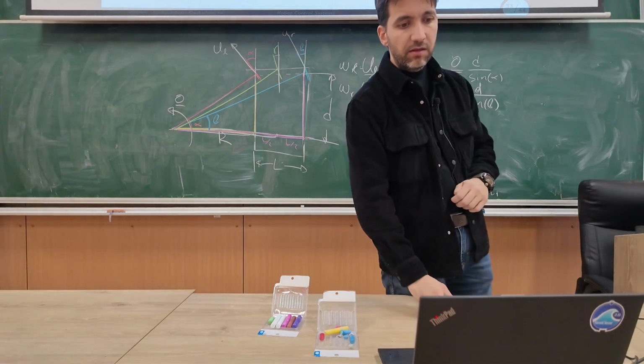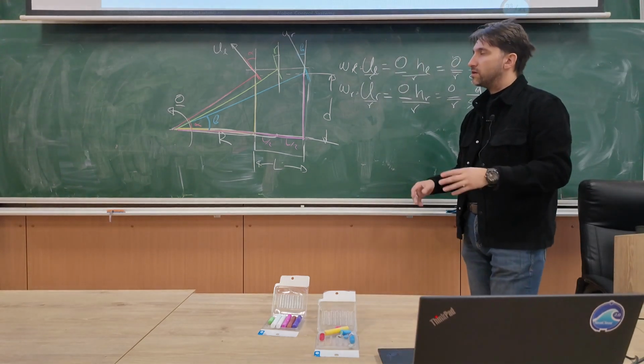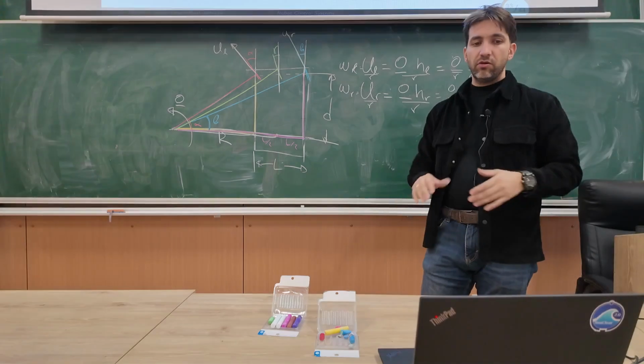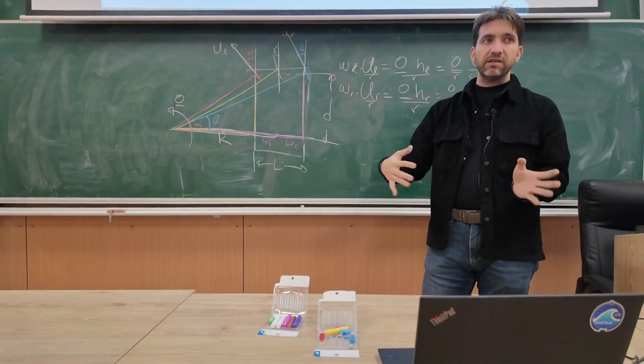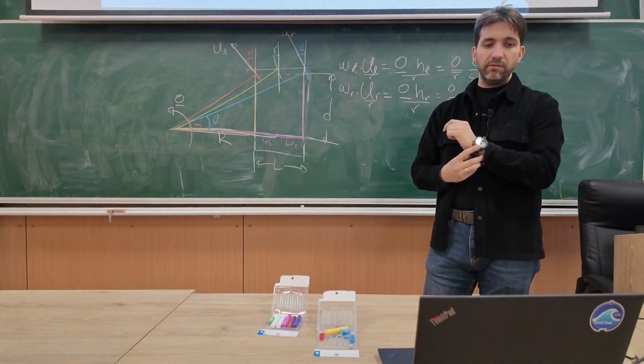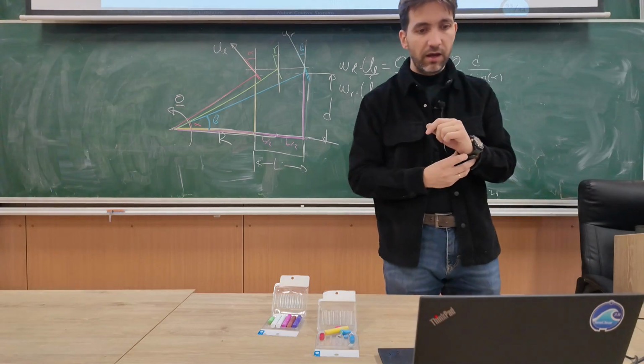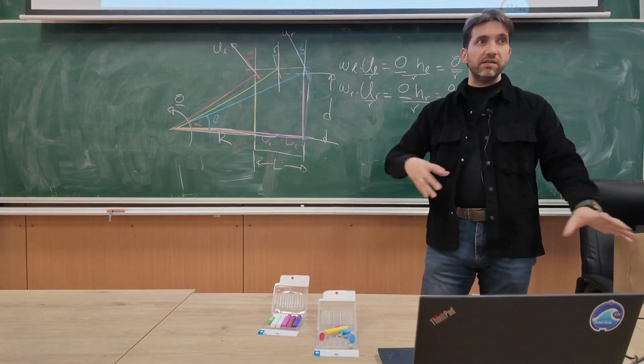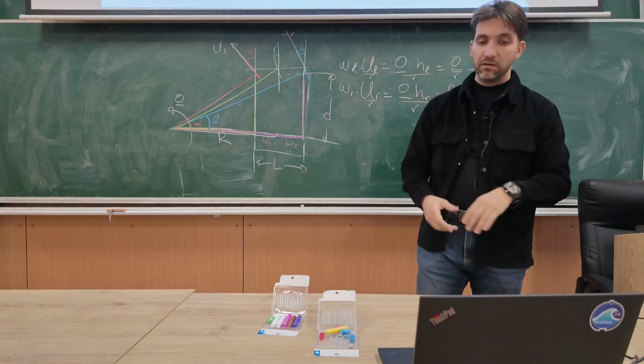The left and right wheels might be coupled together, so I might have the left wheels rotating with the same velocity and the right wheels rotating with the same velocity, or they can also be all independent, but the idea is that I don't have any steering.